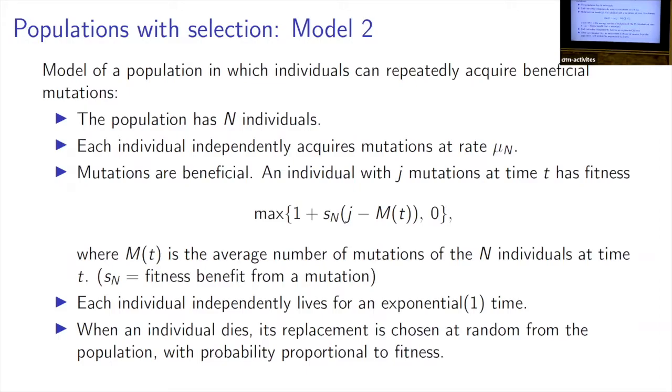So that means we model this by saying that an individual with j mutations at time t has a fitness of 1 plus s sub N times (j minus m(t)), where m(t) is the average number of mutations carried by the N individuals in the population at time t. So if an individual has 3 more mutations than average, its fitness will be 1 plus 3 times s sub N. So the parameter s sub N is measuring the fitness benefit that one gets from a mutation. So then each individual independently lives for an exponentially distributed time with rate 1.